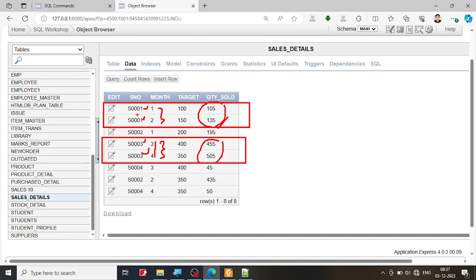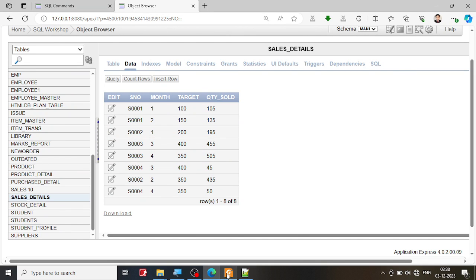But for this salesperson, for 2 months or 3 months or 4 months, whatever it is, what is the total sales? For this salesperson, serial number 002, in the month of January and February, what will be the total sales? This is what we are going to do. So finally, we are going to group them according to the serial number.